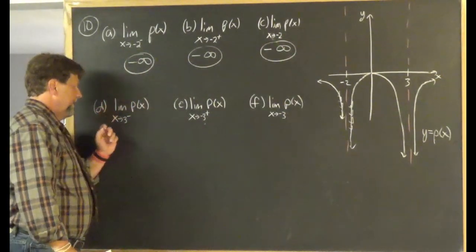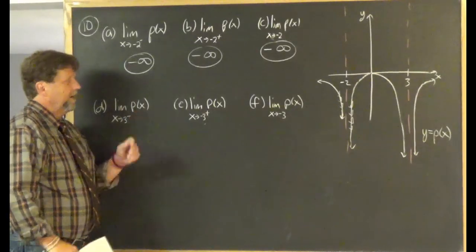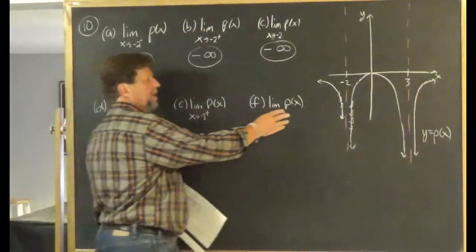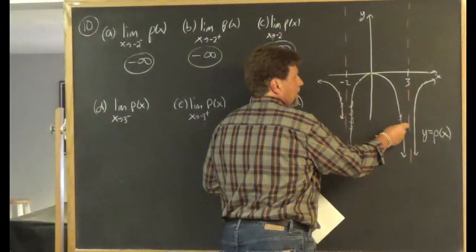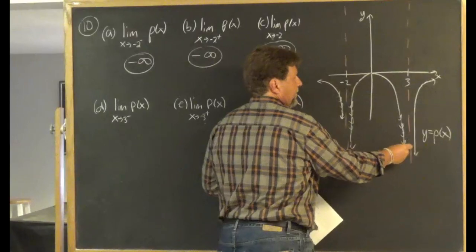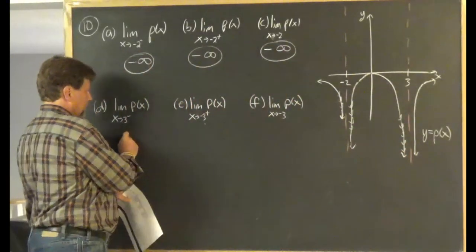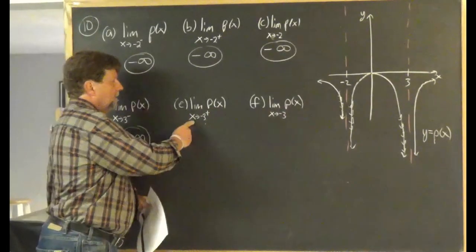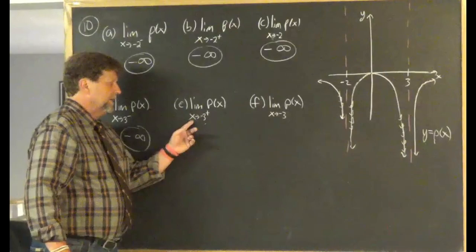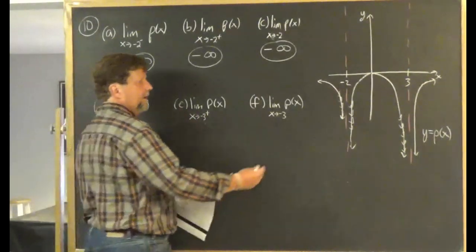All right, part D, what's the limit as x approaches 3 from the left side of 3 of p of x? I approach 3 from the left side, and it looks like the functional values are decreasing without bound. So this limit is negative infinity. Part E, the limit as x approaches 3 from the right side of 3.